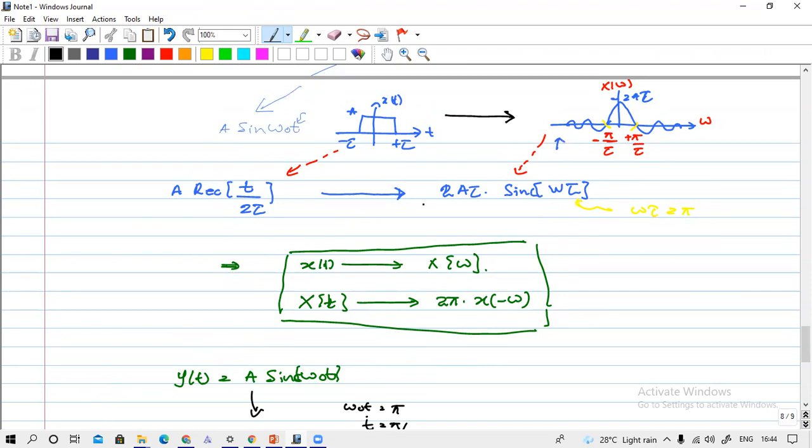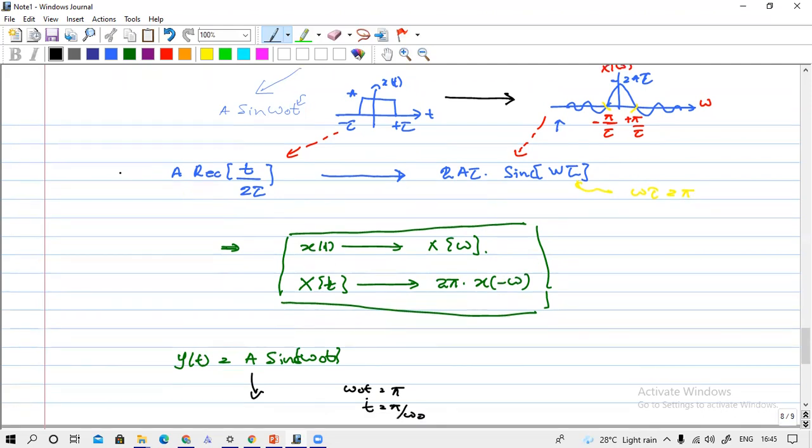So now if we have a sinc pulse, by the duality property we will have 2 pi x(minus omega). That means x(t) should be replaced by x(minus omega). So we can use this fact.